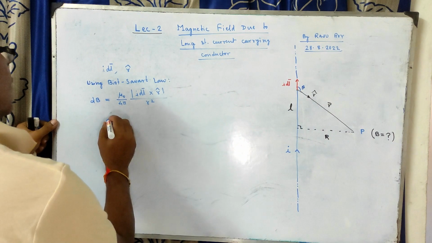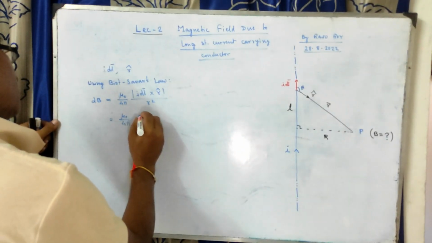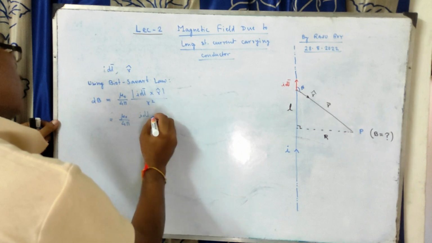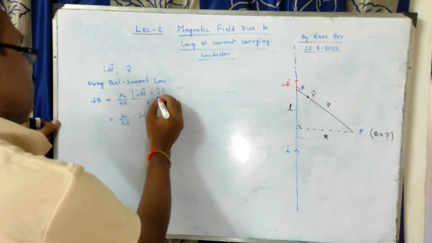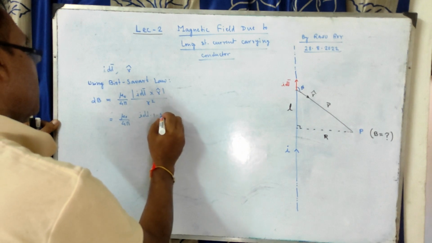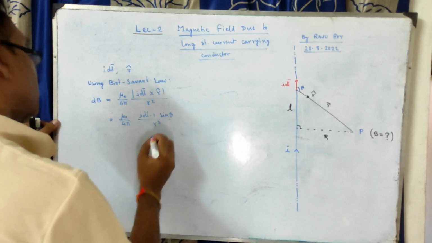Idl is Idl, the magnitude of r cap is 1, and the angle between them gives sin theta, so mu naught by 4 pi, Idl sin theta divided by r square.